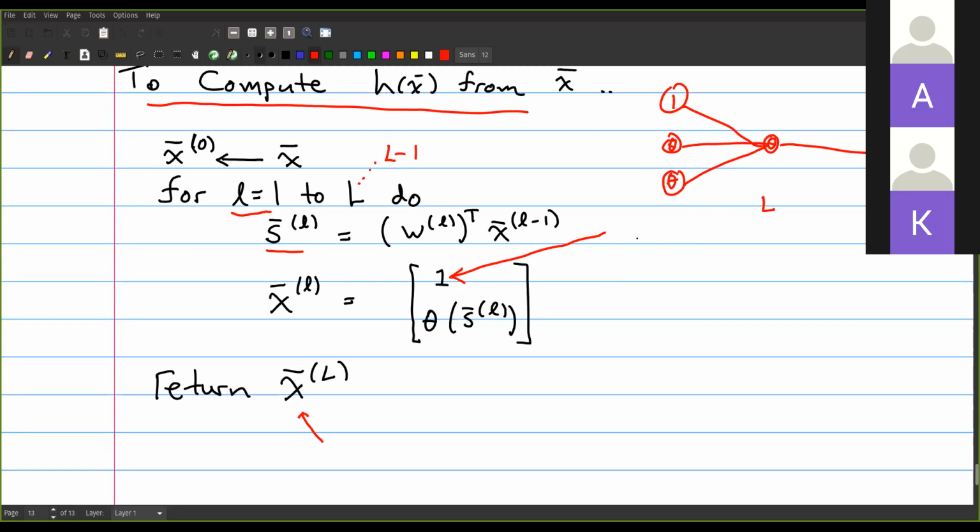So that's a good idea, because in the last layer, you don't want that bias output there, because there's just the output from the node, no bias output. And another reason is then you can handle the question of whether you're doing regression or classification. Because if you're doing classification, then you want to put the theta there.